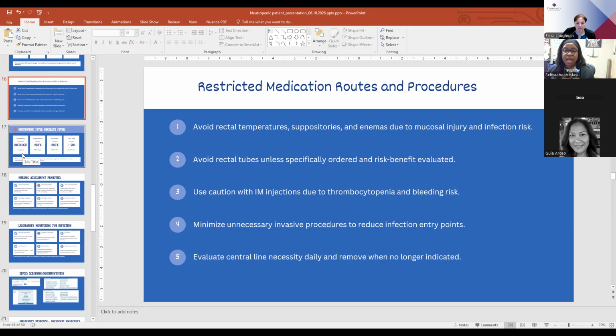We want to minimize unnecessary invasive procedures. Again, we're speaking of the standard procedure for removal of the urinary catheter because we are utilizing that in and out catheterization process. And then we want to evaluate our central lines daily and remove them when no longer indicated.